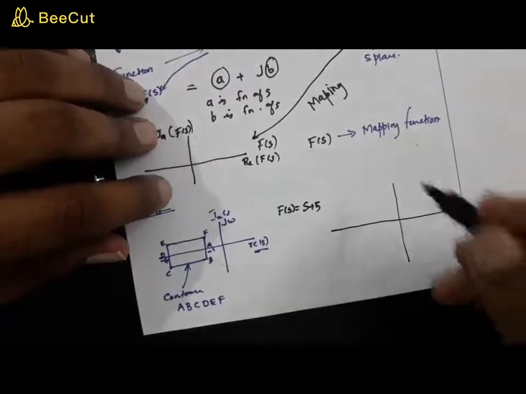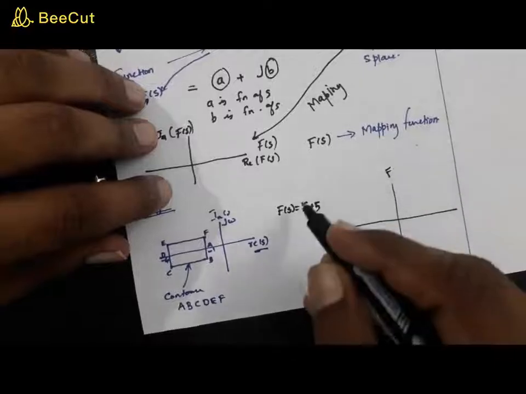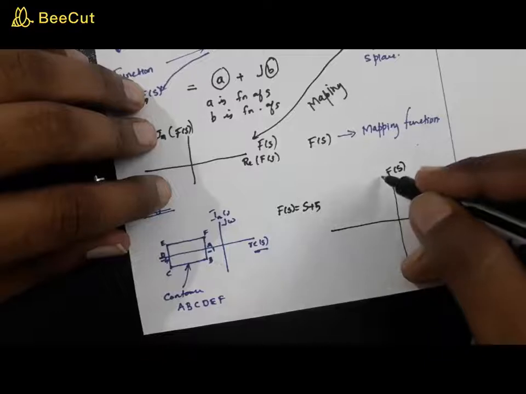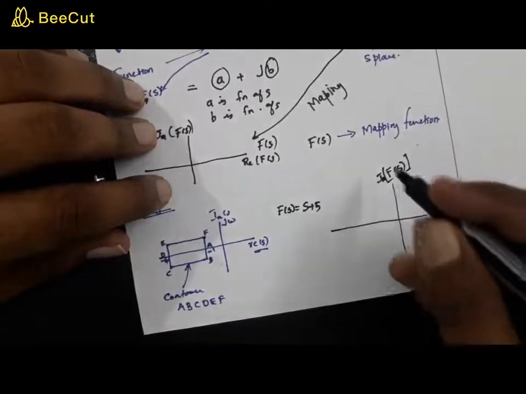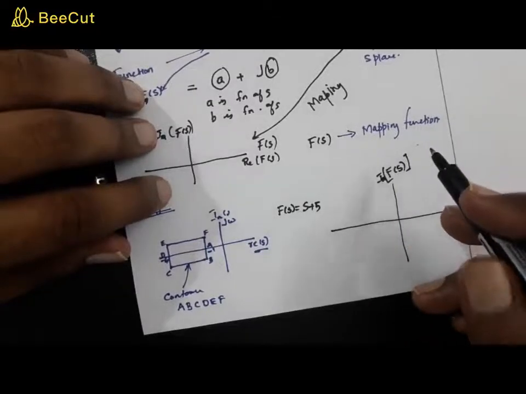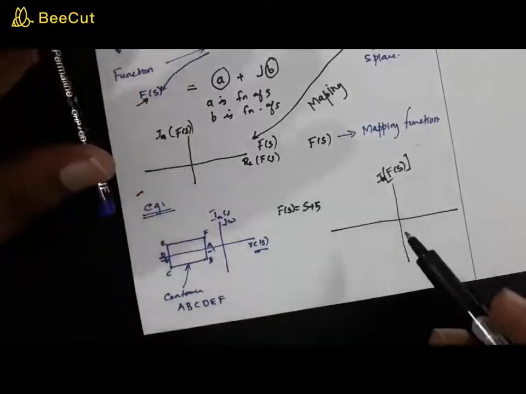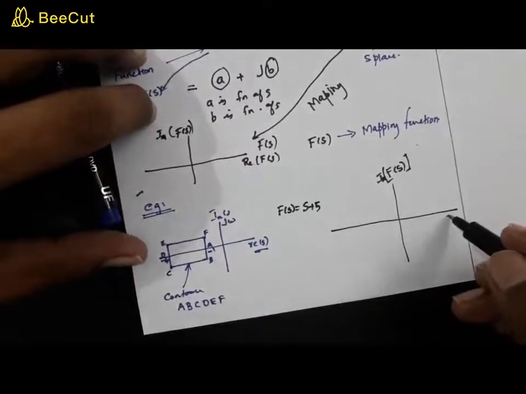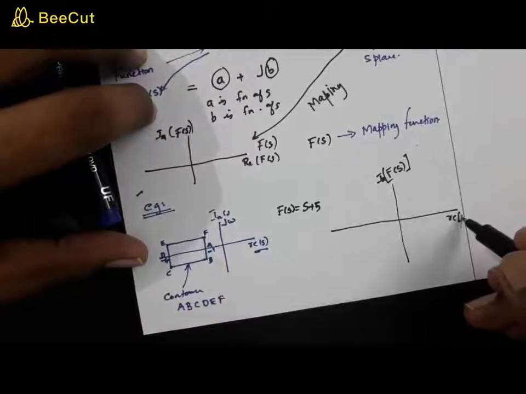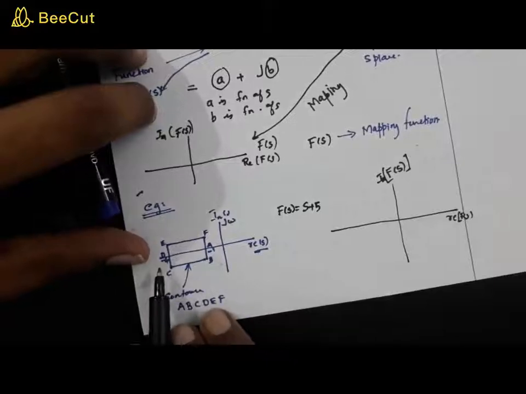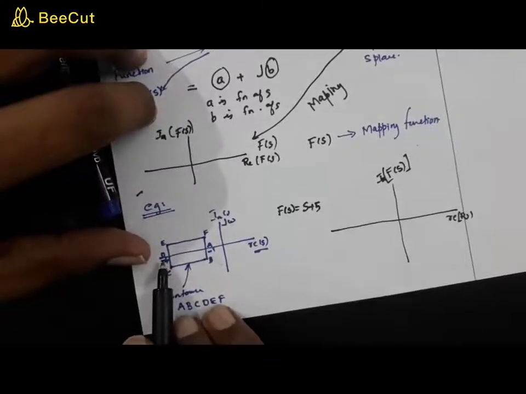We know that when you substitute s is equal to sigma plus j omega, f of s is also a complex plane, with a point corresponding to each s. So that will also have an imaginary f of s and a real f of s. So what will this be? Let us try to plot this minus 4.